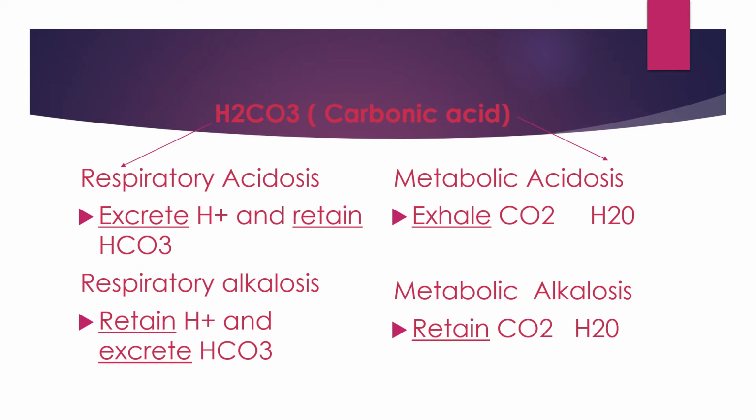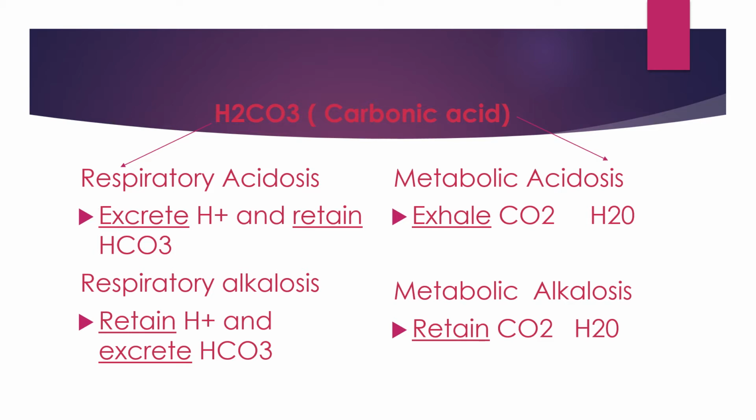In this page, it's telling us, what does our body do to compensate for said imbalance? So we have respiratory acidosis. What does our body do to compensate? We excrete hydrogen ions and retain bicarb.